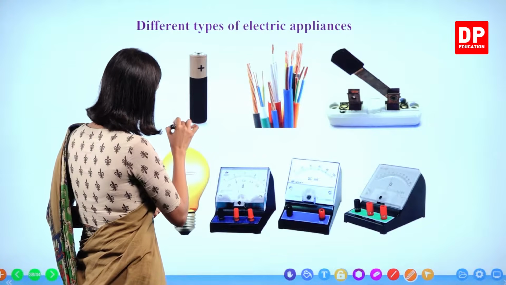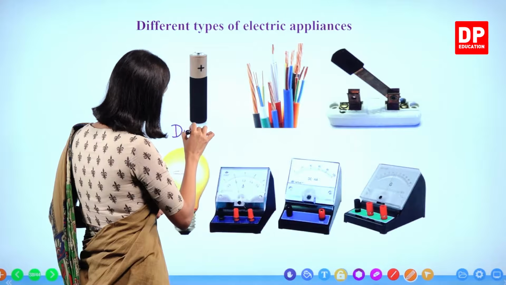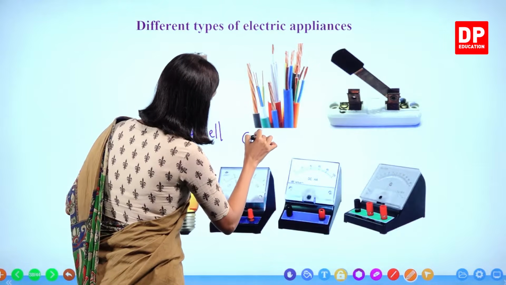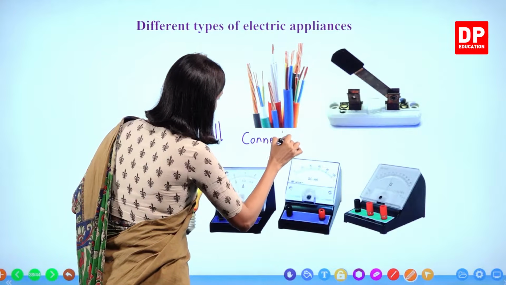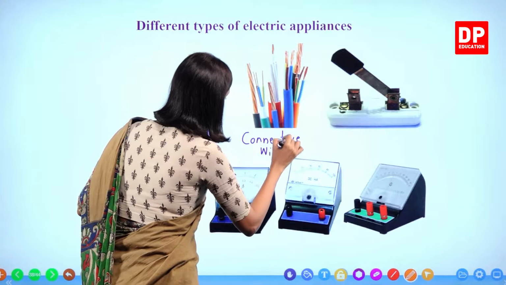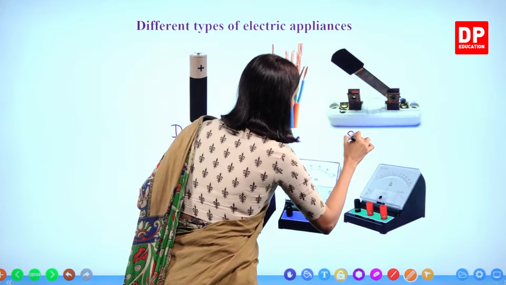This is dry cell. There are different types of cells. Connective wire. This is a switch.